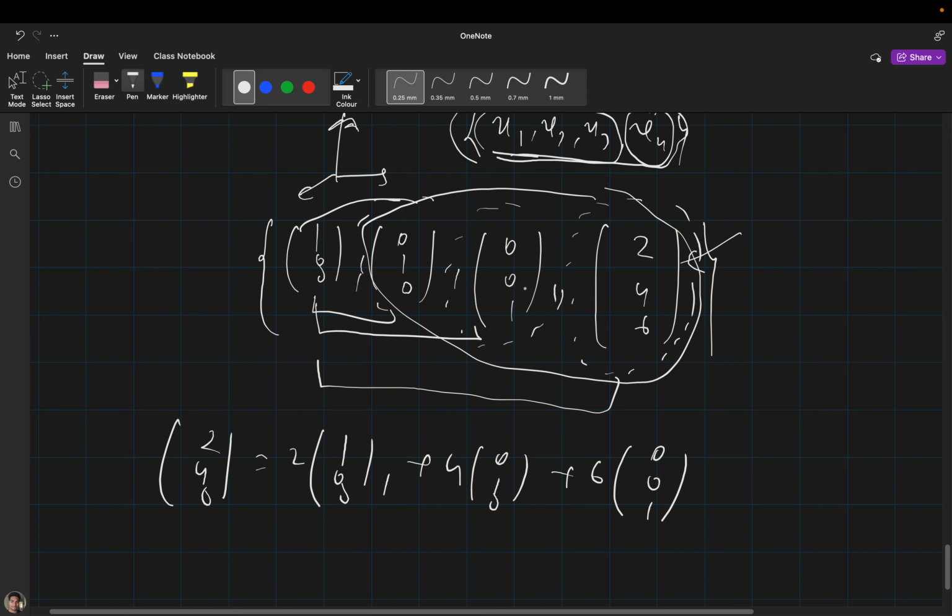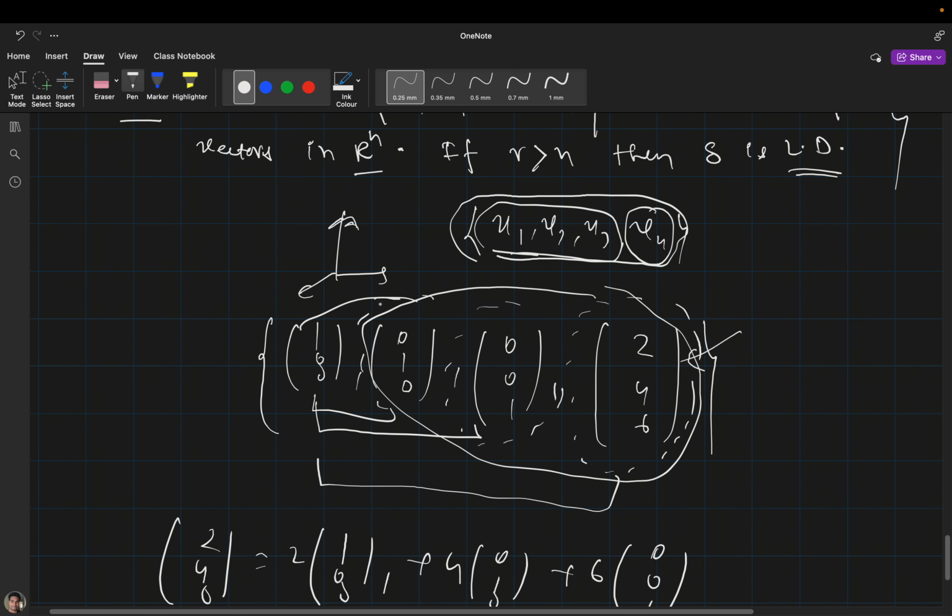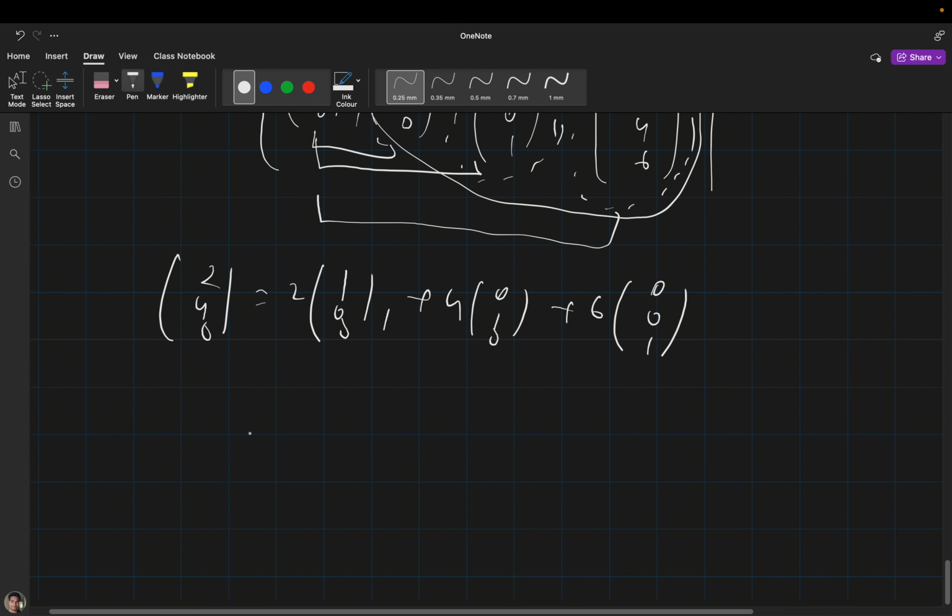If you select any three and after that just add on, those extra vectors will always be dependent. Now it's fine.